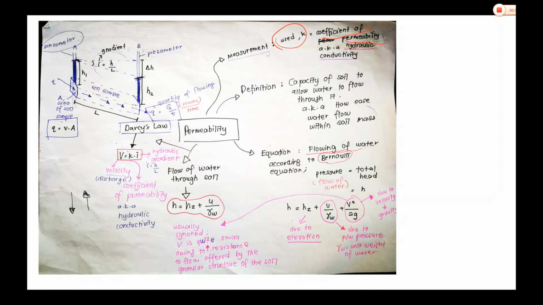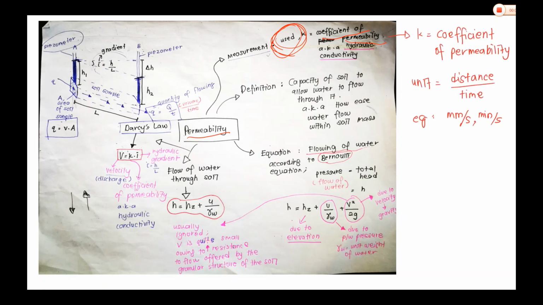So in order to measure the permeability, the measurement are based on the K value. Okay, the measurement are based on the K value. So how to get the K value? Okay, it can get from the lab work and also field work. Okay, so the data nanti yang kita akan analyse sama ada from the lab work and also from the field work.